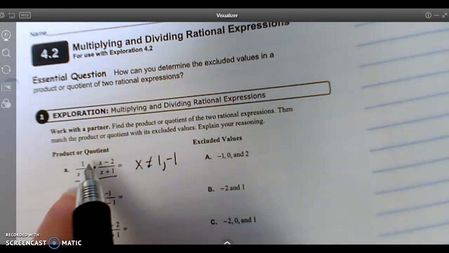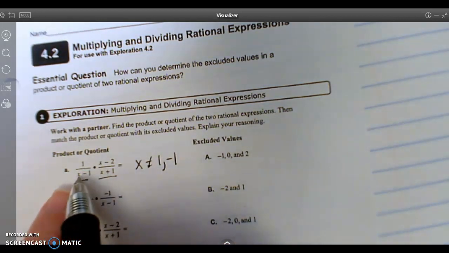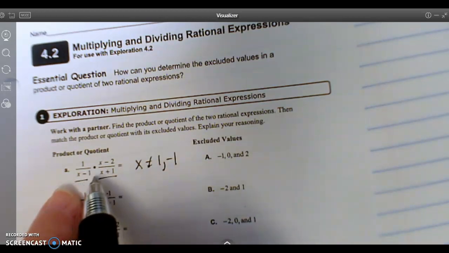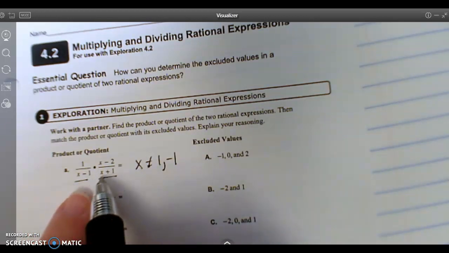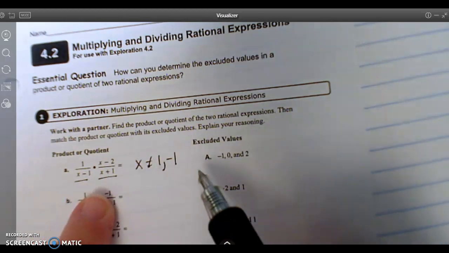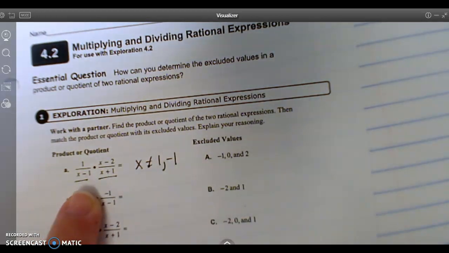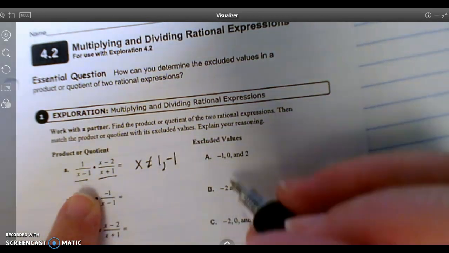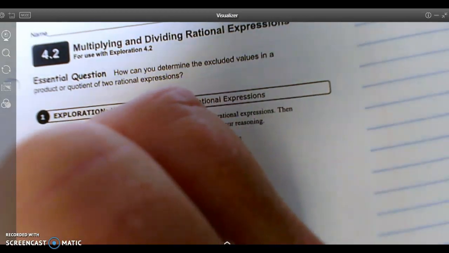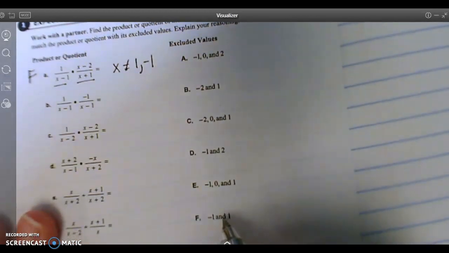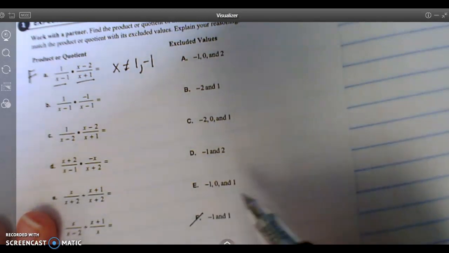So you just look at the bottom and think about what number I can plug in for x that would give me 0. So it's really just the opposites of those values. Kind of like when we were graphing in Desmos and we take the opposites. We're taking the opposites again. So in this case, x does not equal 1 and negative 1. And when we start matching here, that's going to give us f. Because that's what f is, negative 1 and 1.